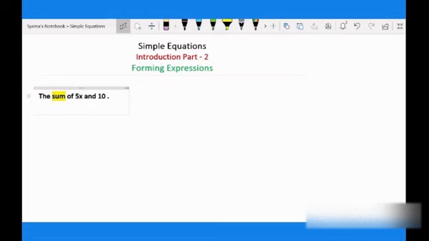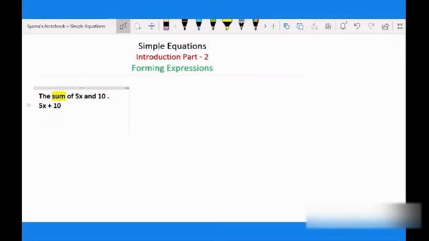So the sum of 5x and 10, how do we write this? We write this as 5x plus 10. So this is addition.